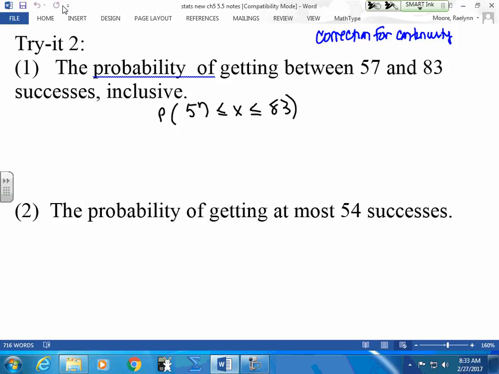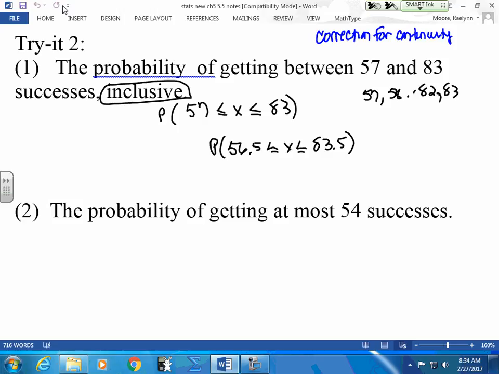So now, if I start like this, I include 57, 58, I include 82, 83. So what does your correction one say? What's your correction one say? 56.5. You're dropping it down. 83.5. Good. Now, when you do this, this is a key word, inclusive.